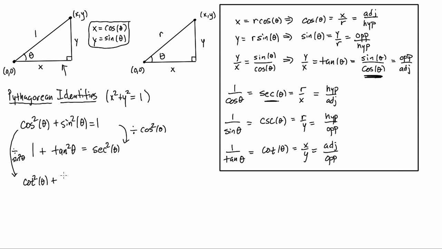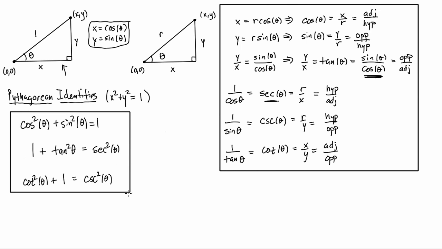Sine squared divided by itself is 1, and 1 over sine is cosecant, so this would be cosecant squared theta. And so together, these 3 identities form the Pythagorean identities. That's typically what they're called. So let me just clean that up a little bit and box it so we can have a nice final picture here. So these are the 3 Pythagorean identities.